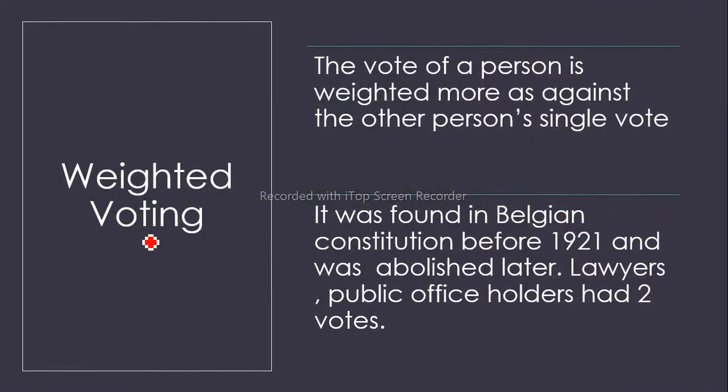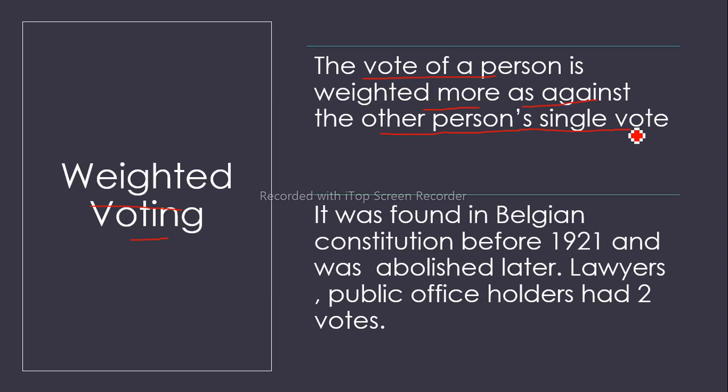Now we have weighted voting. In this voting, the vote of a person is weighted more as against the other person's single vote. It means, on the basis of certain qualifications, it's also a form of plural voting.